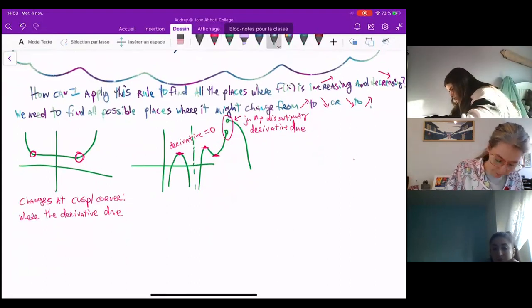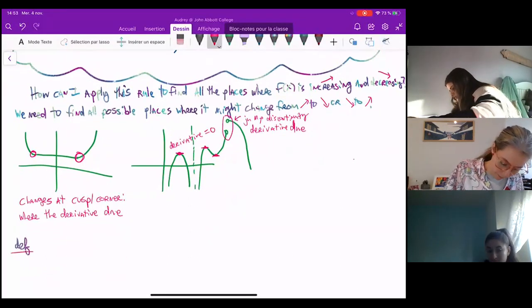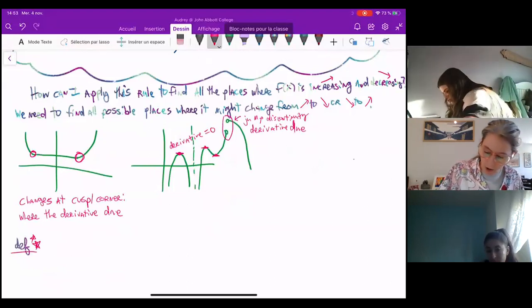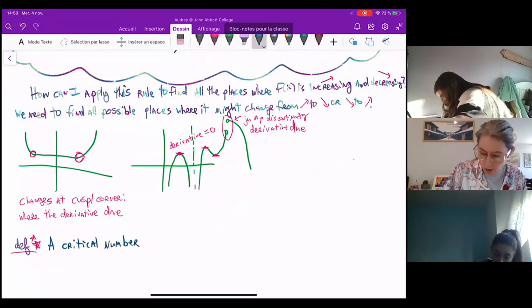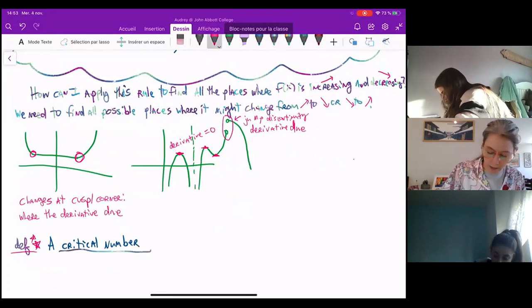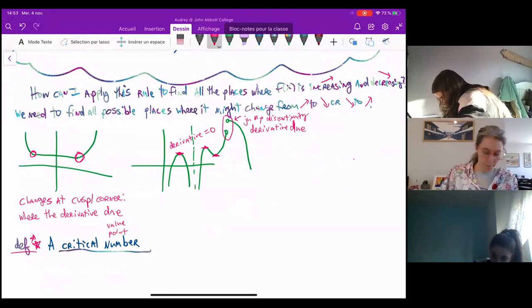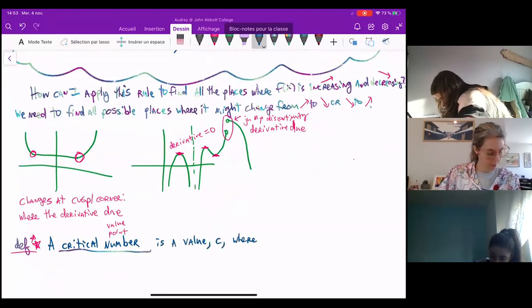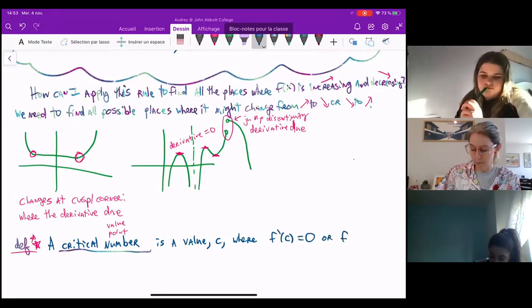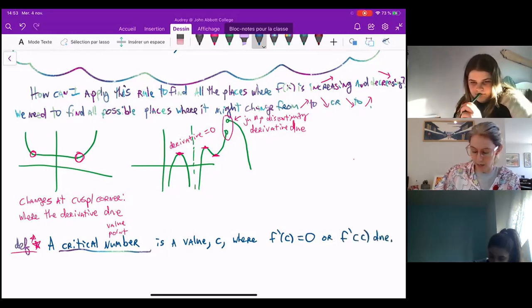So definition. A critical number, and you will sometimes see critical numbers called critical points or critical values, is a value c where f prime of c is equal to 0 or f prime of c does not exist.